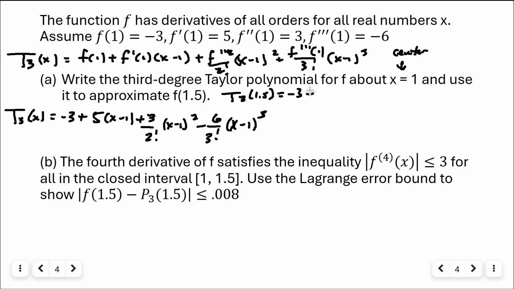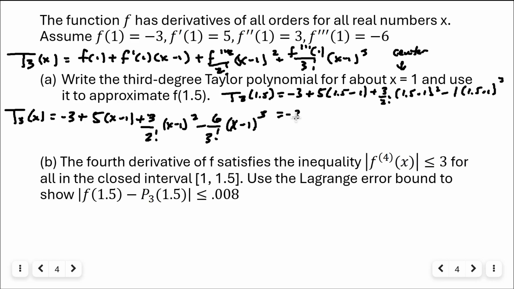That's negative 3 plus 5 times (1.5 minus 1), plus 3 over 2 factorial, (1.5 minus 1) squared, minus, that's really a 1 there, (1.5 minus 1) cubed.